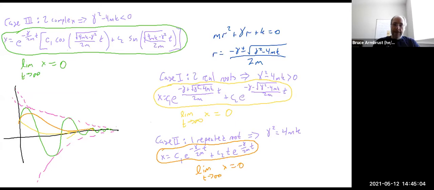So we have names for all these because all of this is what we call damped motion. This first one, or I guess case 3, this is what we call underdamped.